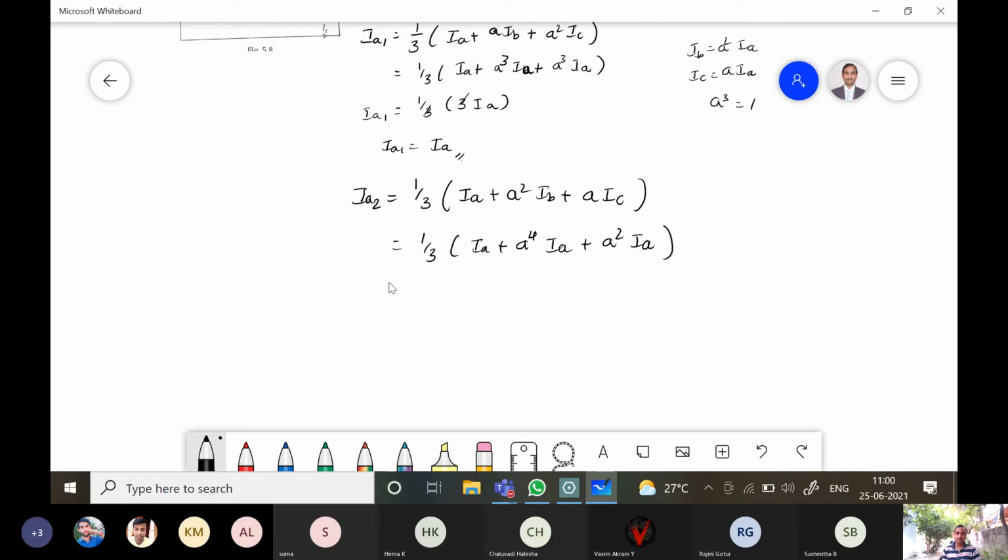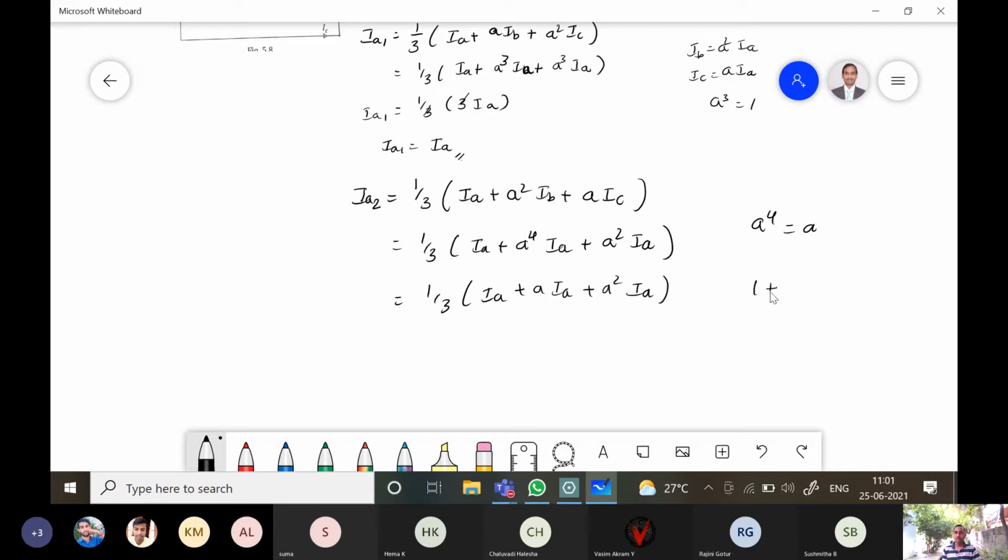So this becomes 1 by 3 times of, A to the power of 4 can be written as A in terms of symmetrical components, therefore IA plus A IA plus A square IA.